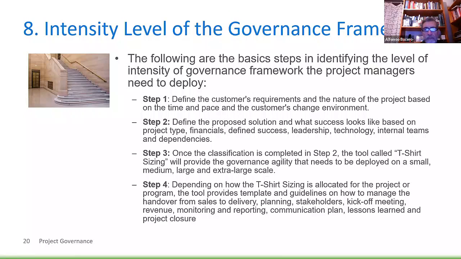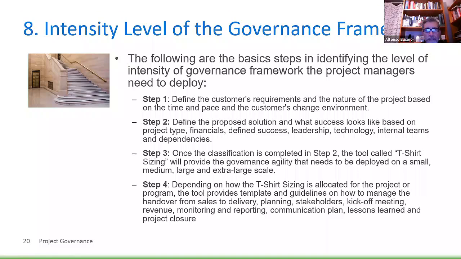What are the customer requirements, and what is the nature of the project based on the time and pace and the customer change environment? Step number two is define what is the proposed solution and what success looks like based on project type, financials, defined success, leadership, technology, internal teams, other dependencies.